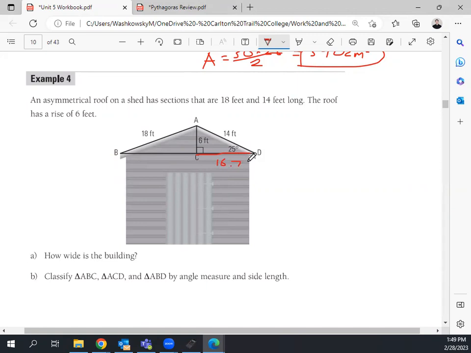Then you did the same thing for the second triangle. So 18 squared, take away 6 squared, you got 12.64. That's fine. And then 16.97. If you just add both of these up, you've now figured out the full length of that. Perfect.